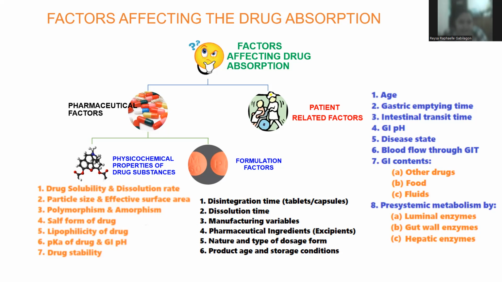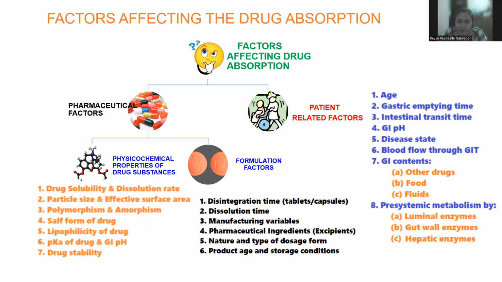Okay. And then, aside from the physicochemical properties of our drug substances, we also have the formulation factors. If the drug is formulated as either a tablet or capsule, we also need to give consideration to the disintegration time and then the dissolution time.